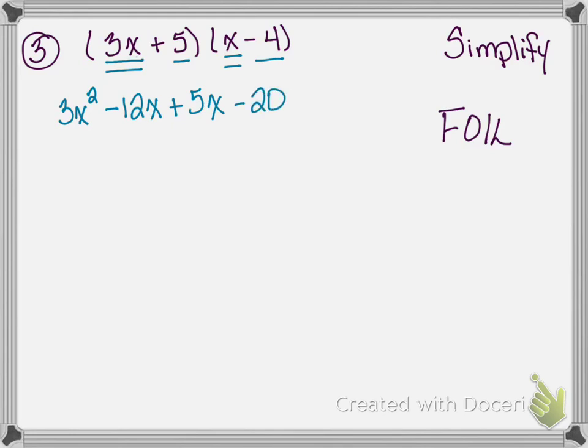It's negative 20. Okay? Now, very often when we FOIL, we can combine those two middle terms. Not every time, but often we can combine those middle terms. So you always want to check. And in this situation, we can. We get 3x squared minus 7x minus 20.